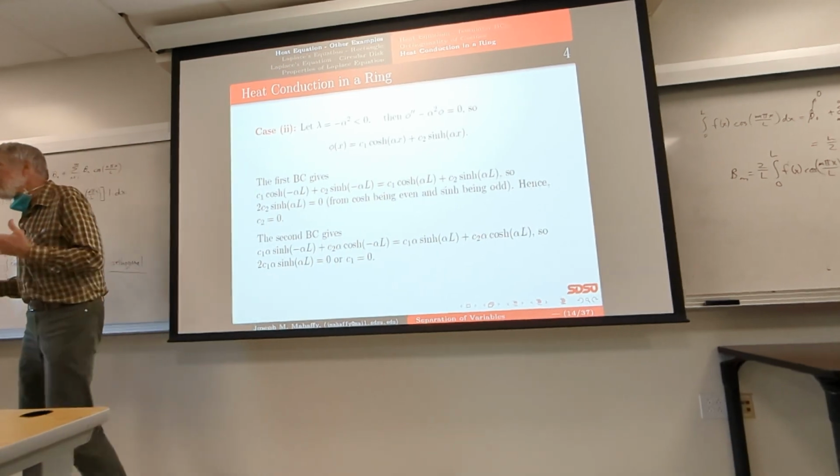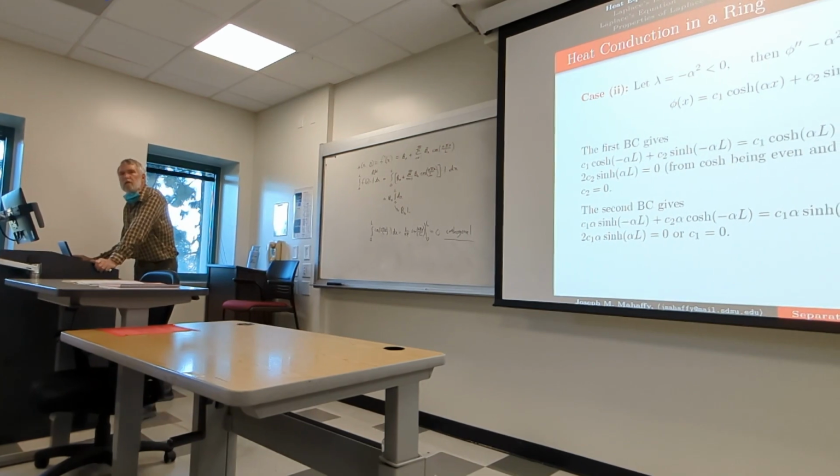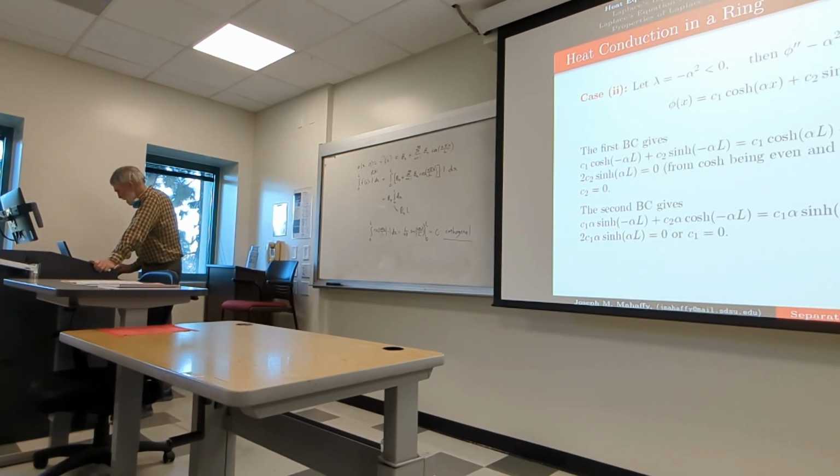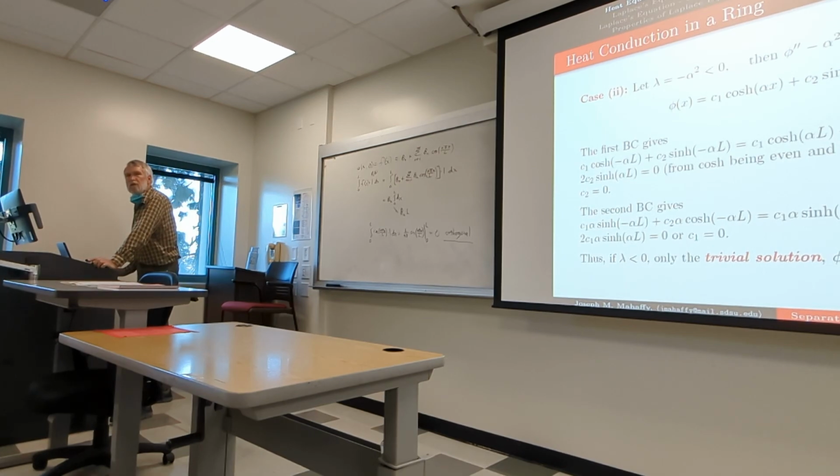Based on that, we get the trivial solution only if we choose alpha squared less than 0. Not that exciting, but on things like take-home exams and exams, you should show these cases when asked.